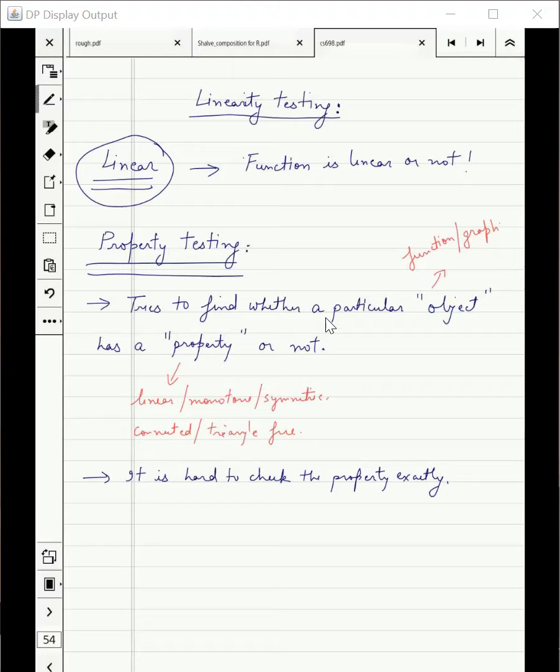Right. So what happens is in property testing exactly, we simplify the problem, but then we want the guarantee to be strong.